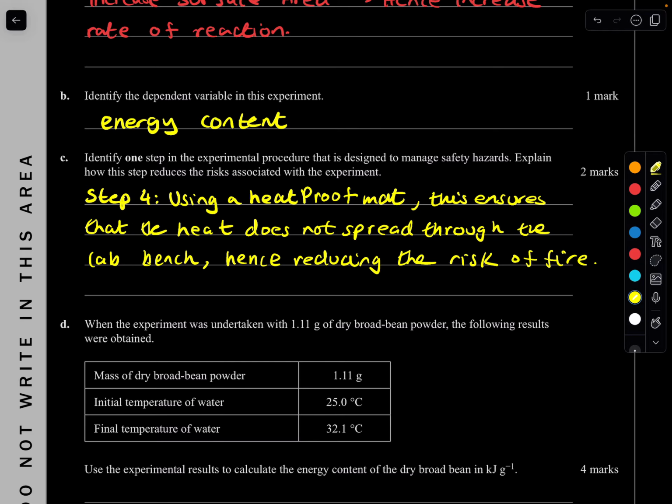So step 4, using a heat-proof mat, this ensures that the heat does not spread through the lab bench, hence reducing the risk of fire. Beautiful. We have explained it, yep, beautiful.